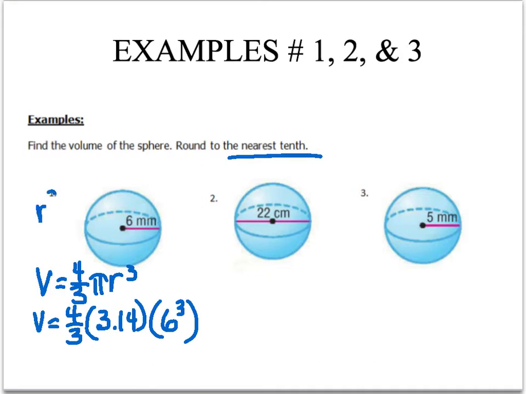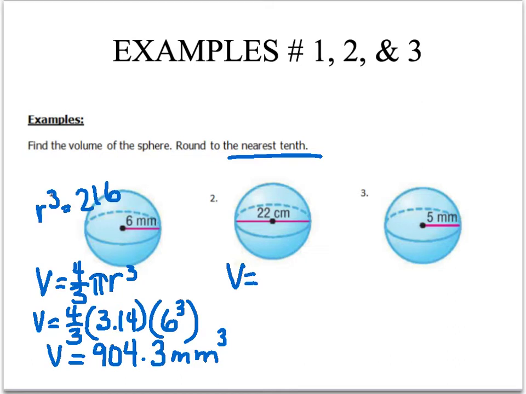So r cubed is actually 216. And so the volume is 904.3 millimeters cubed. And how you read that left to right, 4/3 times 3.14 times 6 to the third, your calculator will recognize all of that, and you can put it right in just like that.